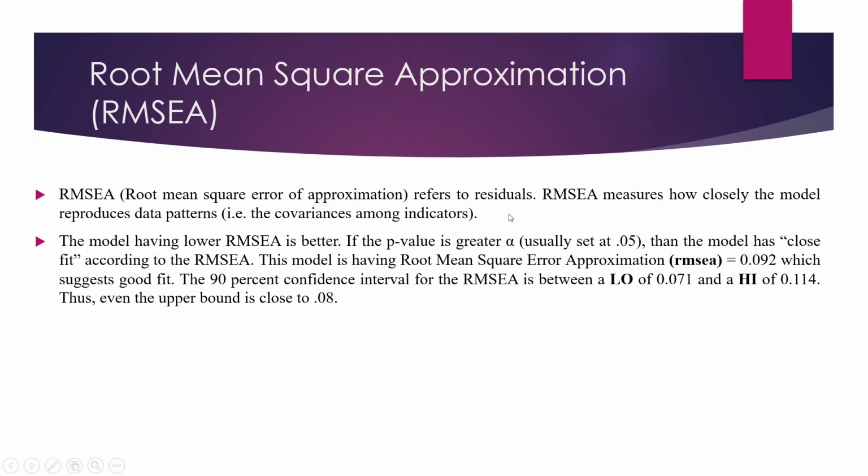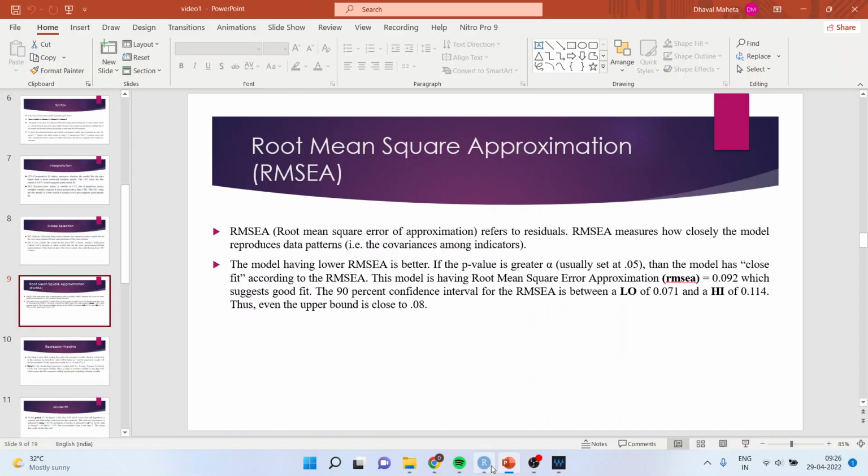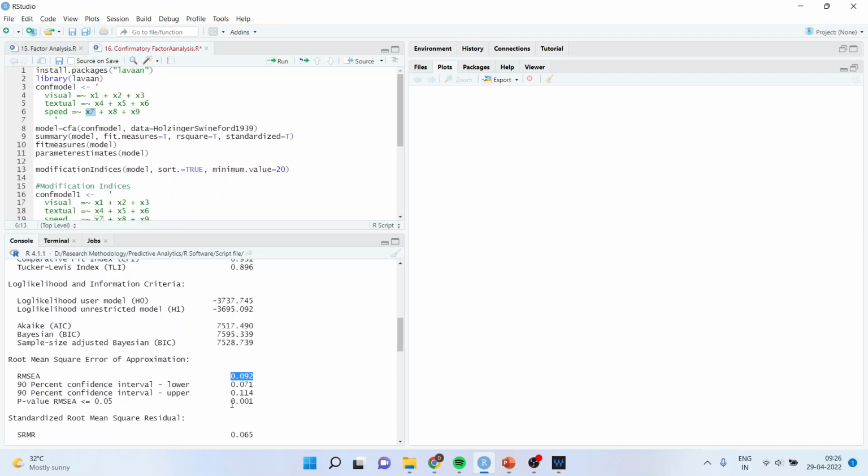It should be as low as possible. The model having lower RMSEA is better. If the p-value is greater than 0.05, then the model has a close fit according to the RMSEA. See, the desirable value in this case is that this p-value should be more than 0.05. But here we are getting it less than that; it's fine. For analysis, we will proceed further.